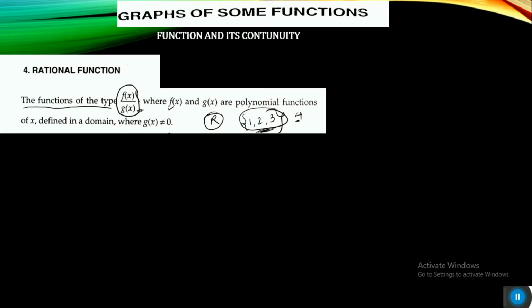The domain of the function has only 1, 2, 3. So this is what is meant by defined in the domain. Whatever domain is given to you, your value should lie in that set.